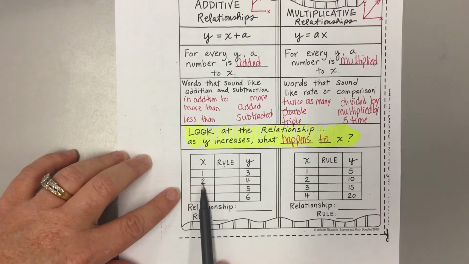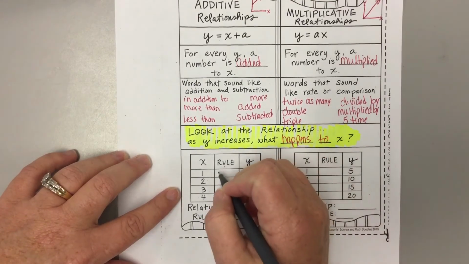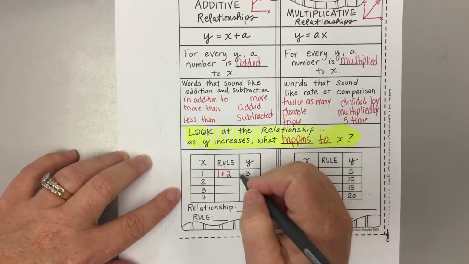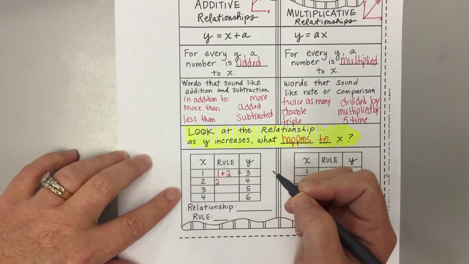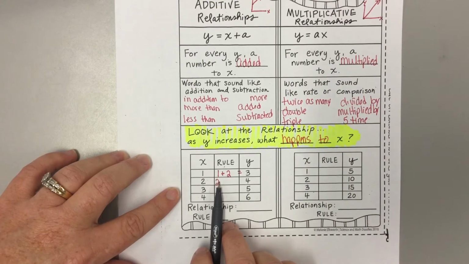If I take 2 and add 2, will it give me 4? So my rule would be 1 plus 2 gives me 3, correct? Can I just put plus 2? Is that what you're asking?